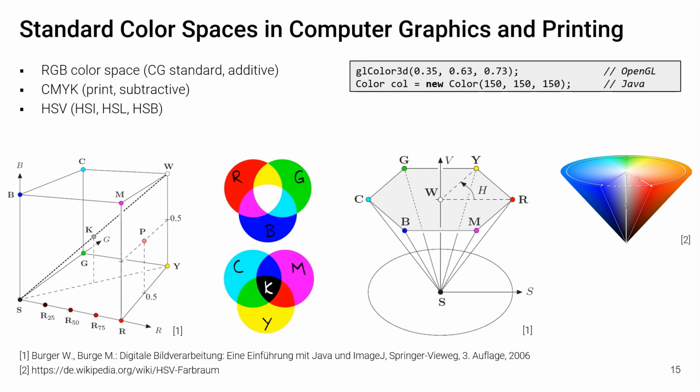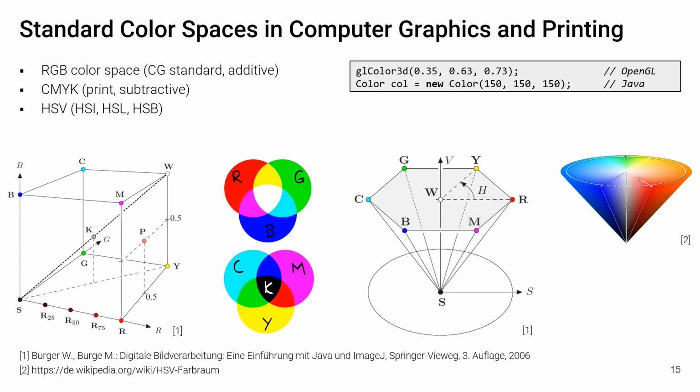This brings us to one important topic of this lecture today, because whenever we are dealing with digital images, we have to think about how we store these images and which color space we choose. We are all familiar with the additive RGB color space with the components red, green, and blue, which is used as standard in most programming languages to display colors on the screen.